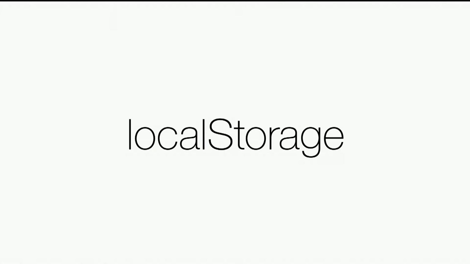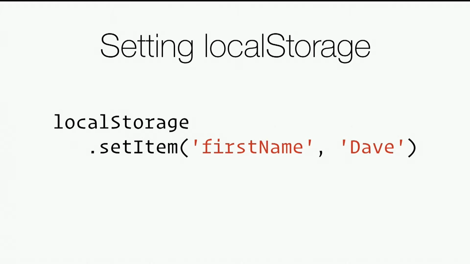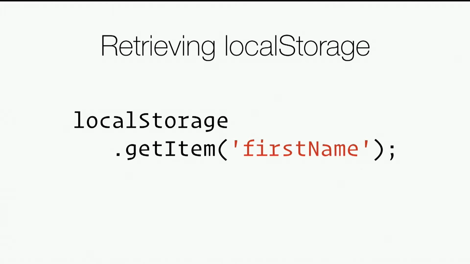So to put something in localStorage, localStorage.setItem. First argument is the key where you want to store it in localStorage. Second is the value. Pretty easy. To get it back, localStorage.getItem, name of key. Piece of cake.